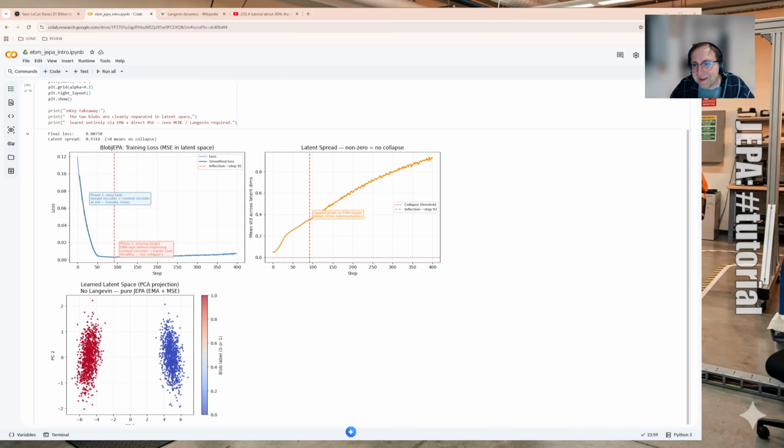So they're identical copies, and it's easy. But then in phase two, where you have this inflection, they are no longer trivially close. It creates this moving target where the EMA lags behind the improving context encoder, so it becomes harder, which is good because you don't want this to collapse.